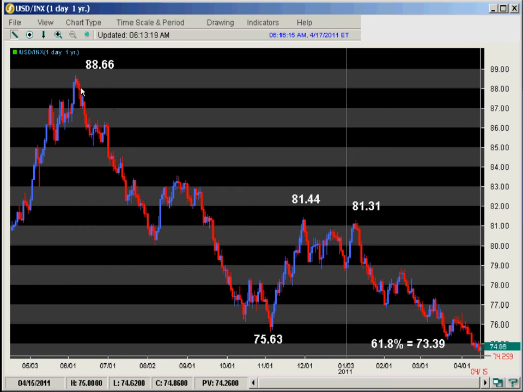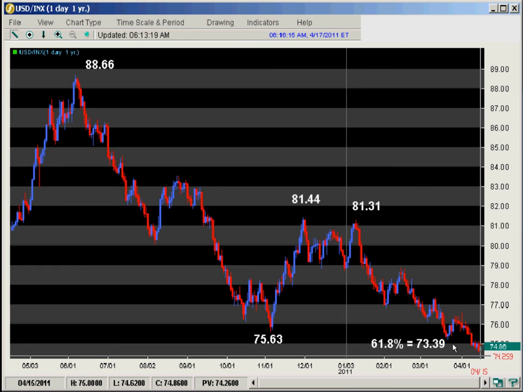But since this move down was so drastic and it didn't result in a reversal, if we look for equality from this, this will actually put us under the origin of wave 1, and we can't have that happen. So I'm looking for 61.8%, which also puts us in that 73 to 74 range.